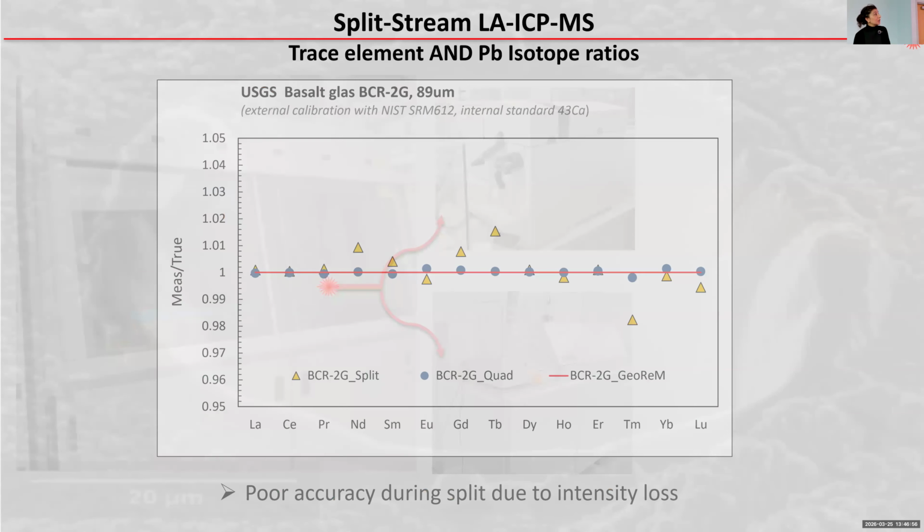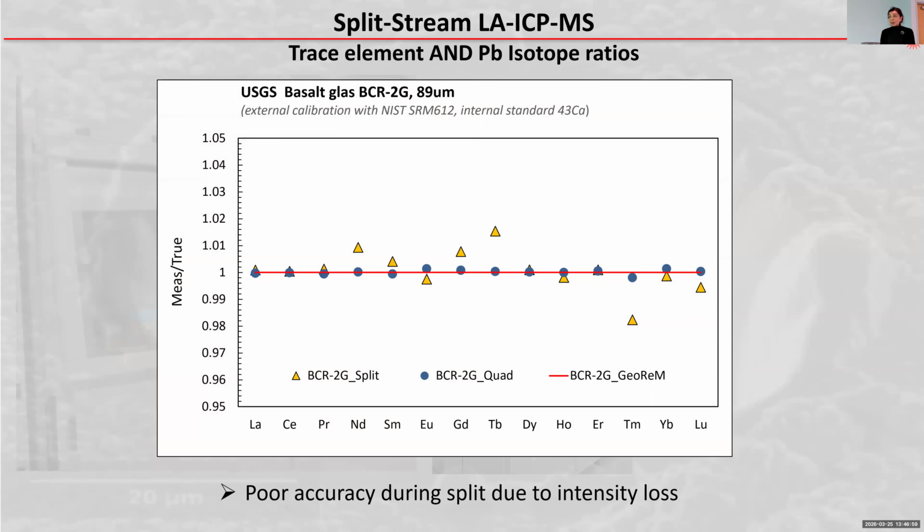So one word on the split analysis. When you split the laser beam and you want to, at the very same time, collect the trace elements on one mass spectrometer and the lead isotopic composition on the other mass spectrometer, you do compromise a little bit with sensitivity and accuracy, but not too much.